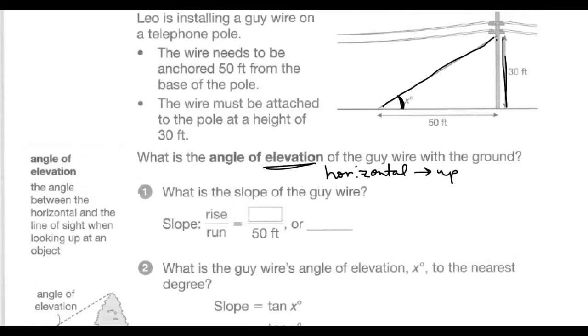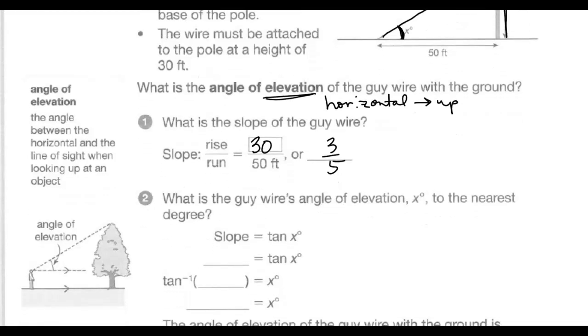So we are given the height and the horizontal distance. So they're asking you to calculate the slope. So 30 over 50, and that reduces to 3/5. So what is the angle of elevation? So slope, here's something to know.